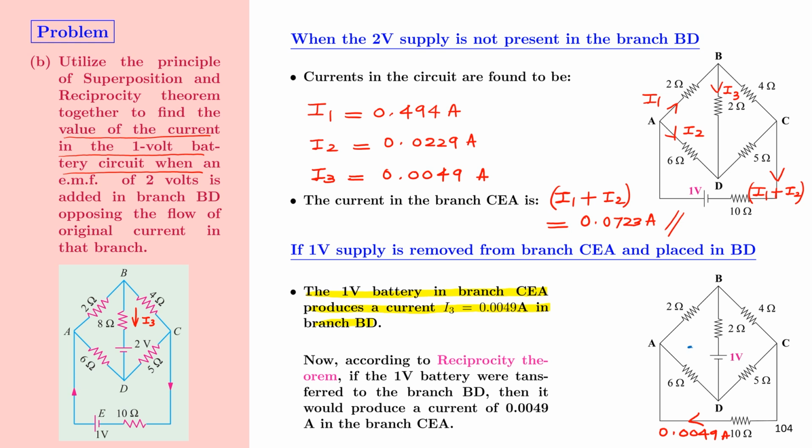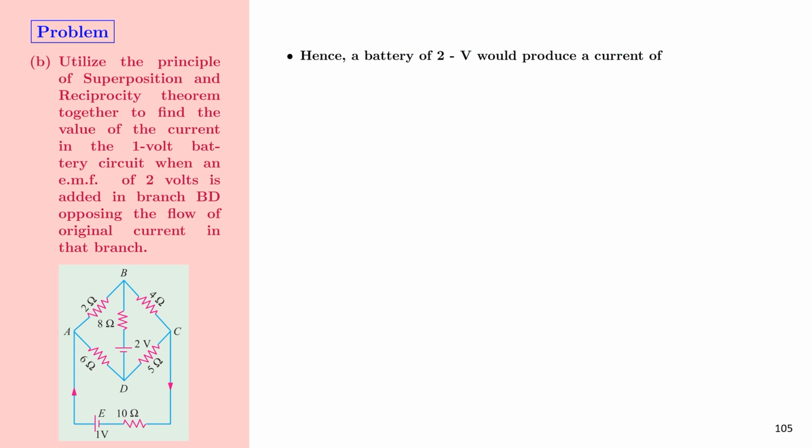And if you connect a 2 volt supply, then the current that is going to flow across CEA will be 2 times 0.0049 ampere. That is, a battery of 2 volt will produce a current of negative 2 times 0.0049, because the current from the 2 volt supply is going to oppose the current I3.